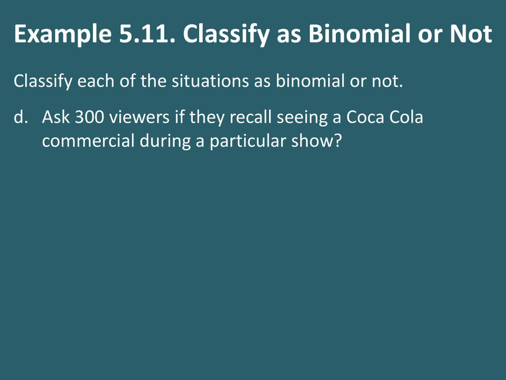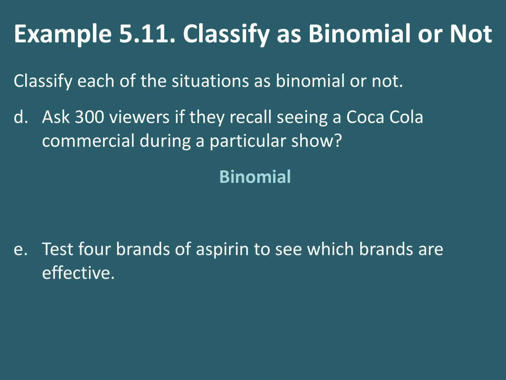Well, once again, this is either yes or no. And since there is yes or no as the outcomes, 2 outcomes, it's binomial. And finally, test 4 brands of aspirin to see which brands are effective. This is clearly not binomial. There are 4 brands, each with their own individual outcomes.